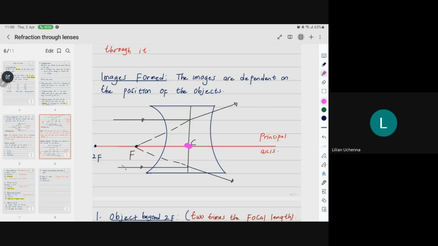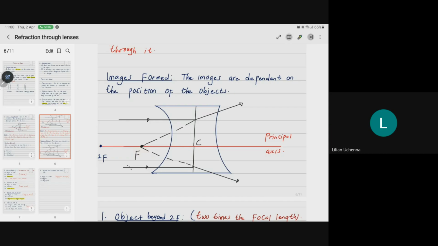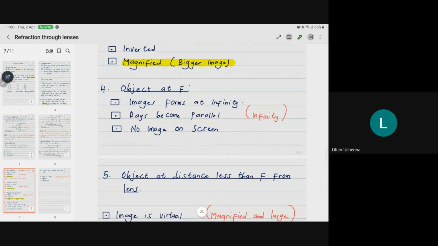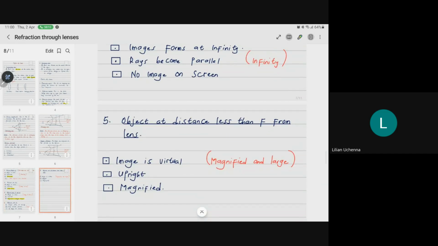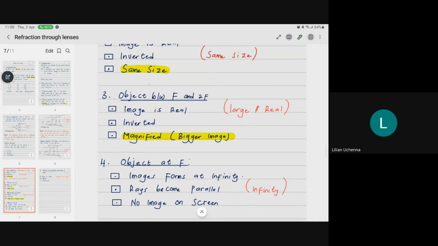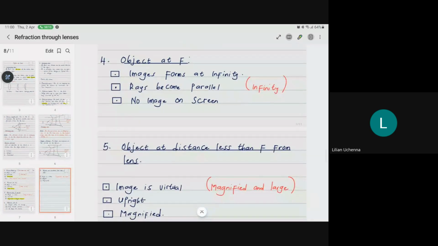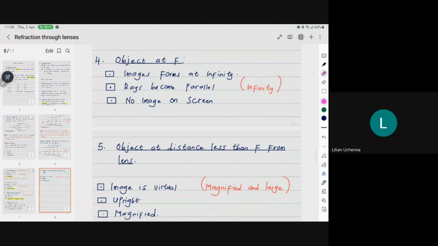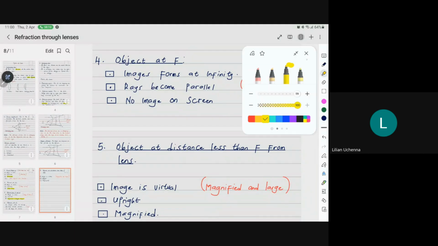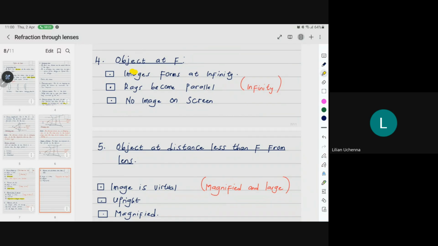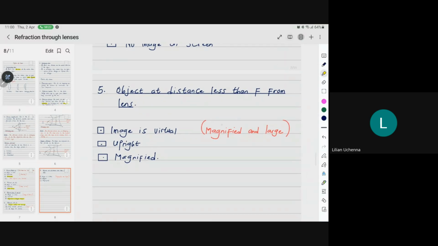When you move closer to the optical center, the image is magnified. But it doesn't just end at being magnified. Something happens right there: the image is now virtual. Remember that at that very close point, the image is virtual, it is upright, and it is magnified.